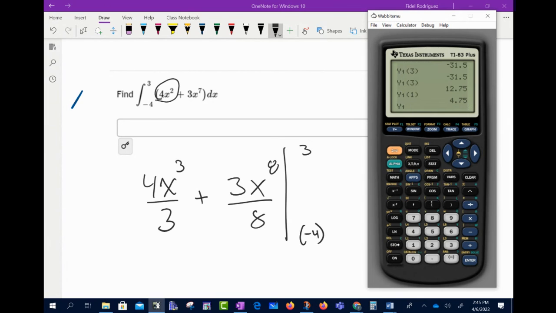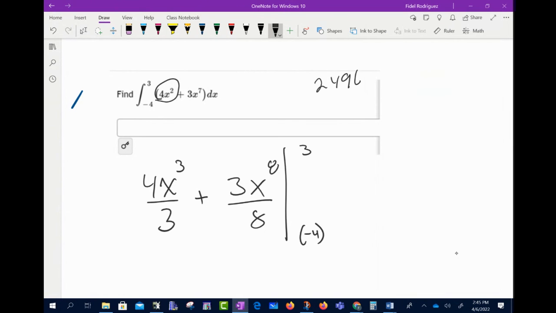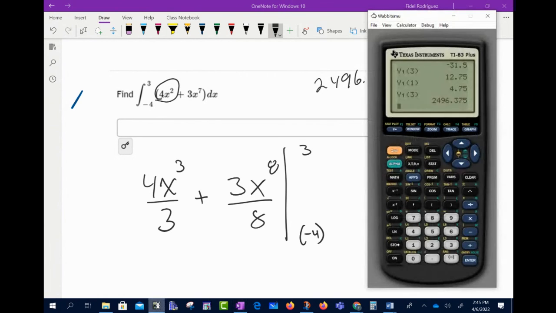I'm going to evaluate this now at 3, and I'm coming up with like 2496.375. Okay. And I'm going to evaluate this again, y'all, but now at negative 4.